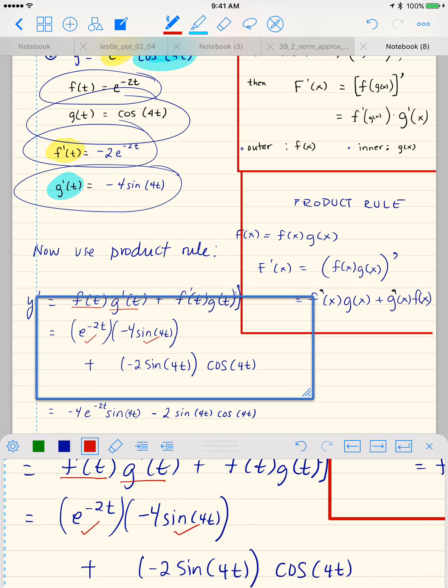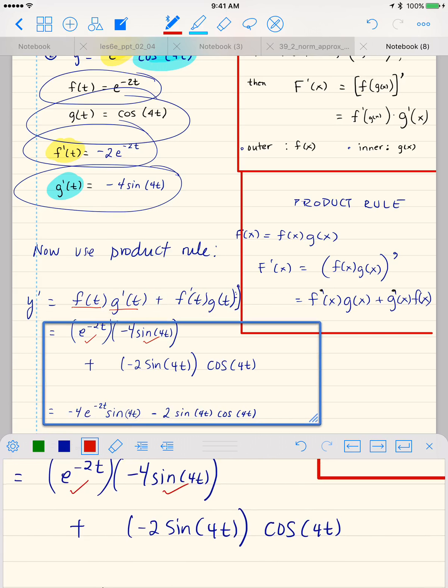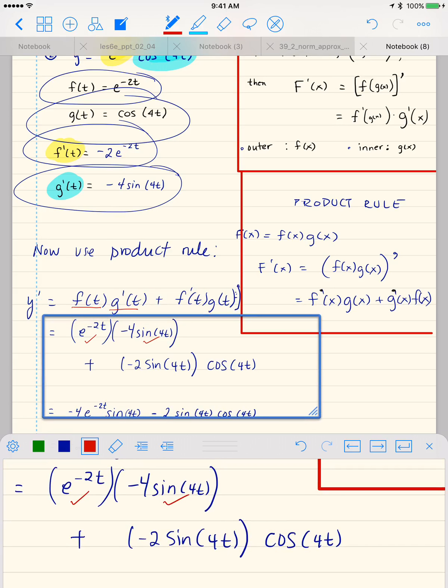F prime, what is my f prime? F prime is negative 2 e to the negative 2t. So let me erase that. Negative 2 e to the negative 2t. And then my g is cosine of 4t. Okay.